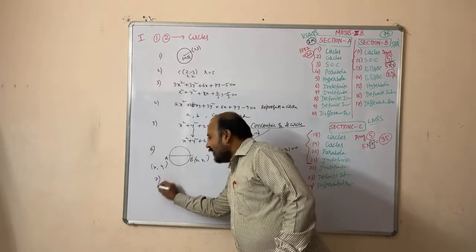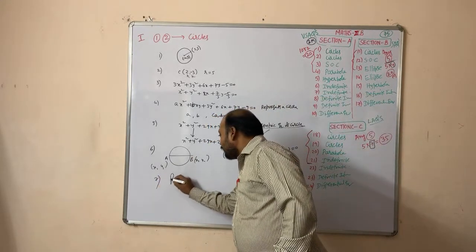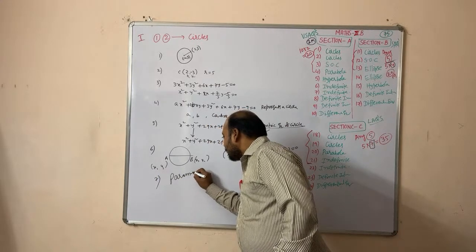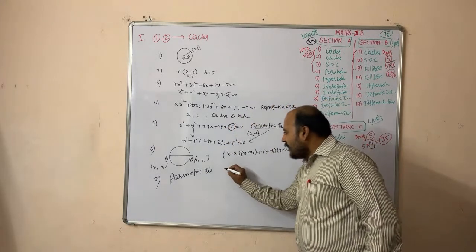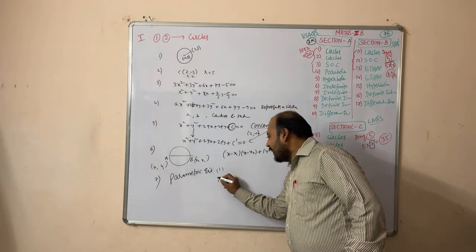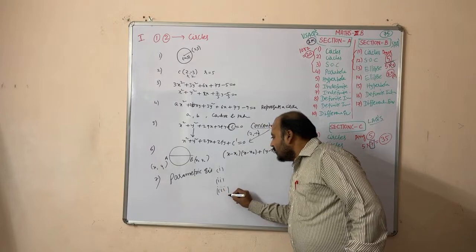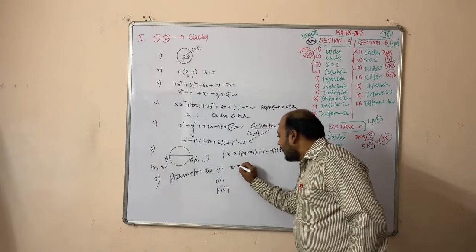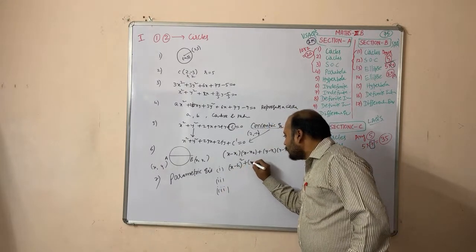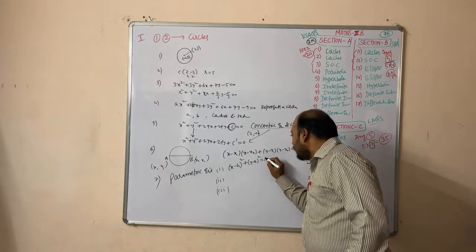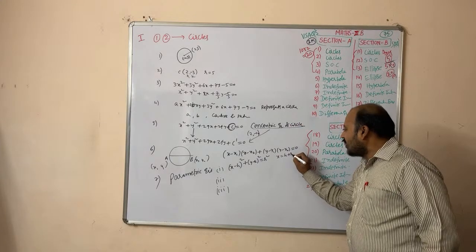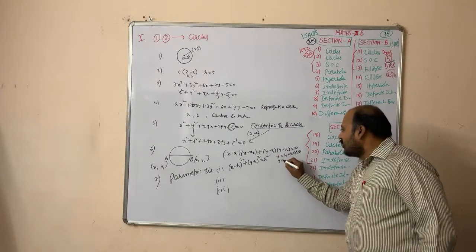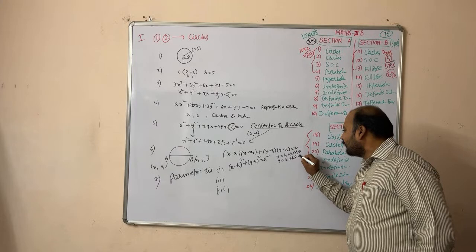And the seventh one here, parametric equations. In the parametric equation, 3 types of circles are there. Suppose the circle is in this form: (x minus h) whole square plus (y minus k) whole square is equal to r square. The parametric equations are x is equal to h plus r cos theta, y is equal to k plus r sin theta.